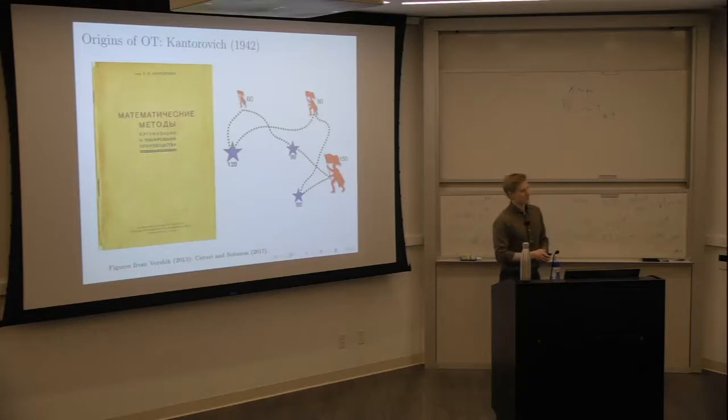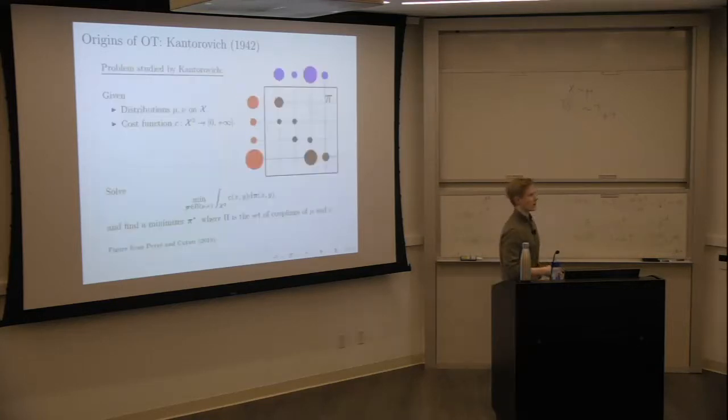Okay. And so it makes sense to think about sending fractions of the mass located at each of these points. And that can also be naturally represented with a probability distribution, and in this case, a joint distribution.